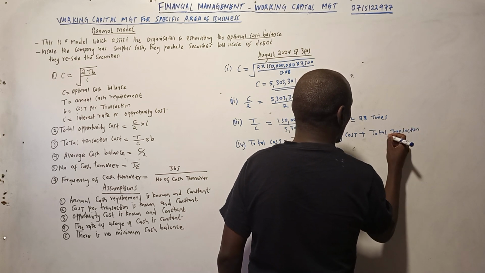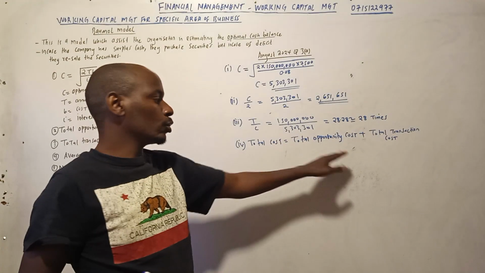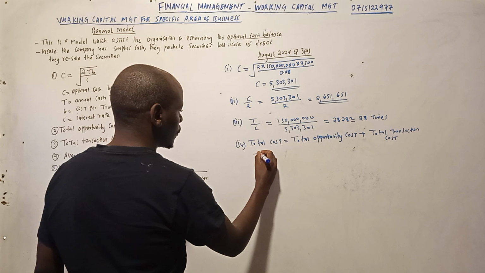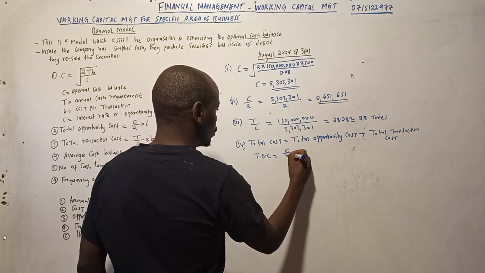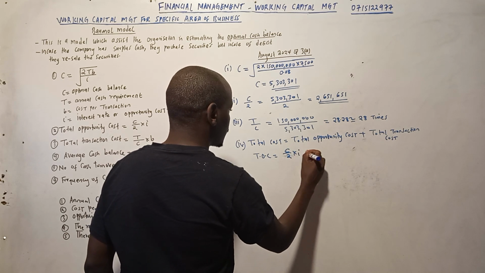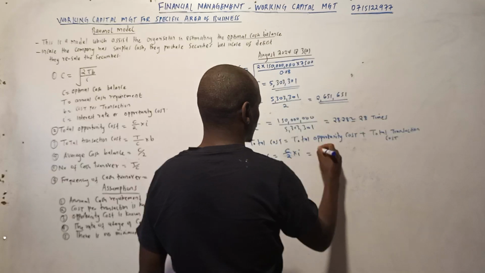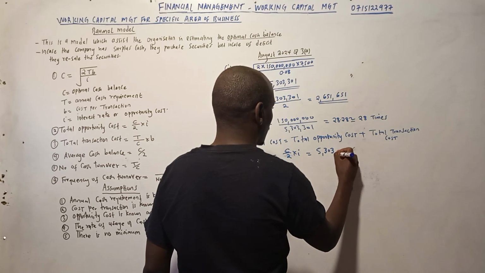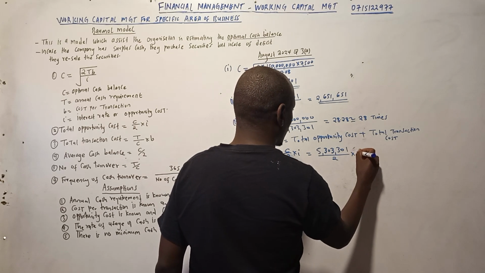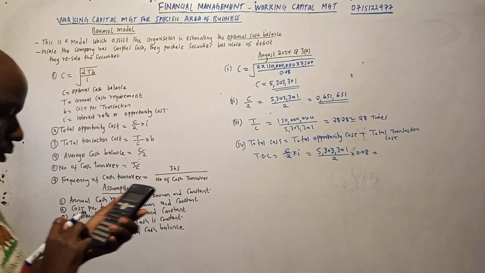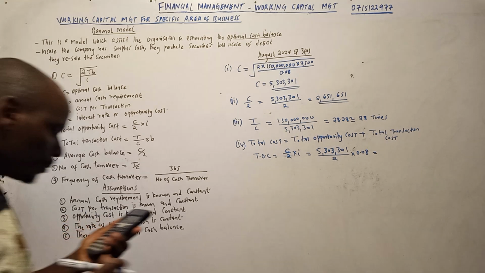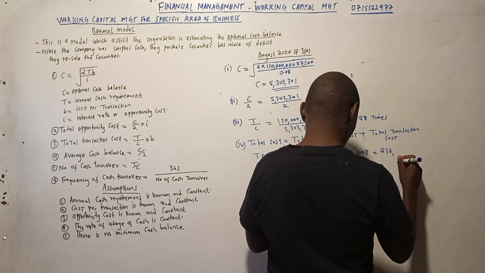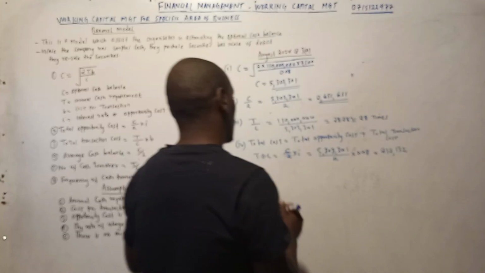Let us start with the total opportunity cost, which is C over 2 times I. Our C is 5,303,301 over 2 times I, which is 0.08. So it is 212,132.